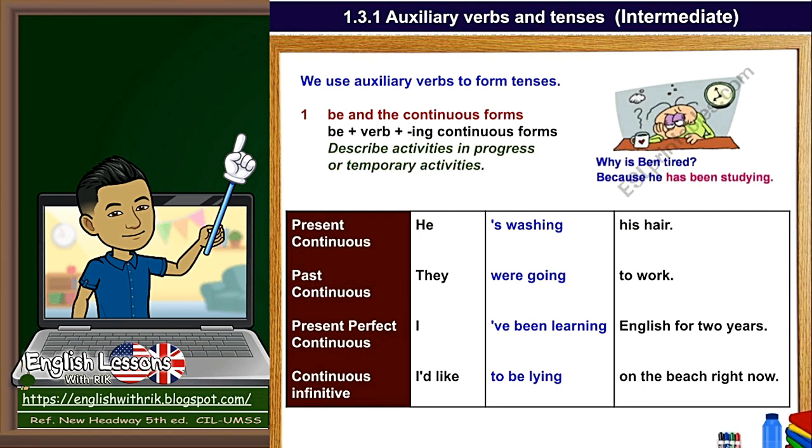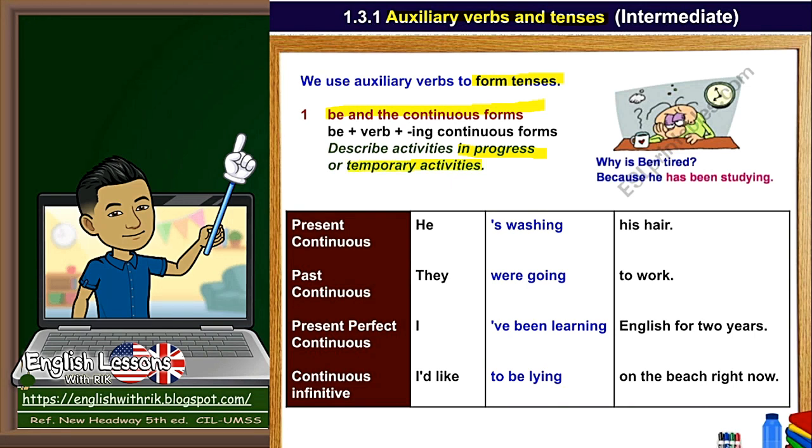Auxiliary verbs and tenses. We use auxiliary verbs to form tenses. Be and the continuous forms. We use be with the ing form of the verb to make continuous verb forms. These describe activities which are in progress or only temporary.